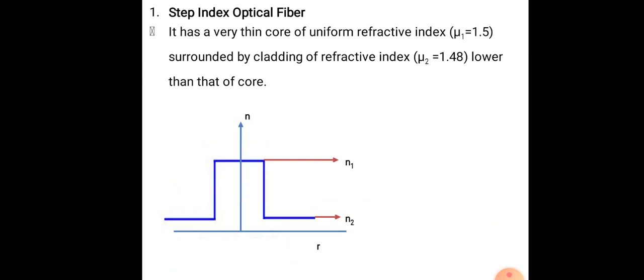Understood? Now, based on the refractive index, optical fiber divides into two types. The first one is the step index optical fiber. What happens in step index? According to the name, the refractive index varies stepwise, and hence it is known as a step index optical fiber. Here, this is the refractive index of the core, which is around 1.5, and this is the refractive index of the cladding, around 1.48, which is lower than that of the core.